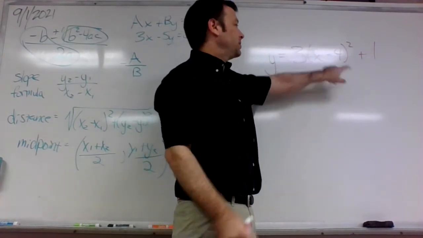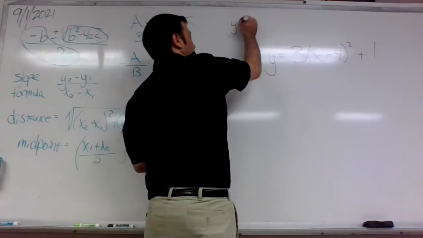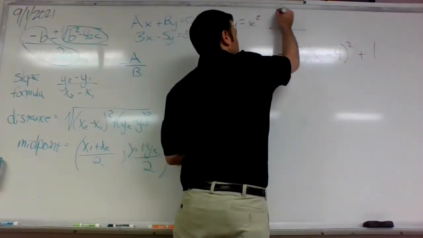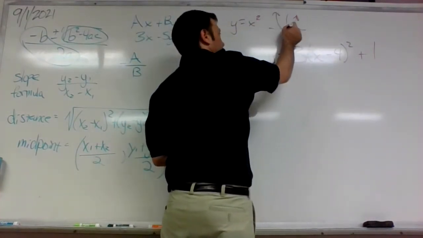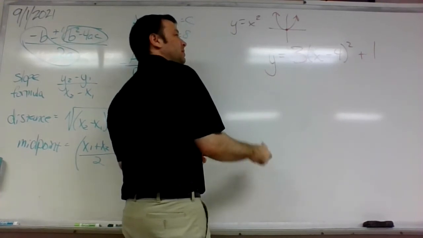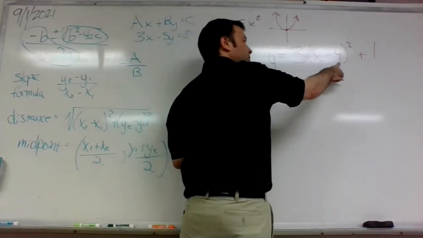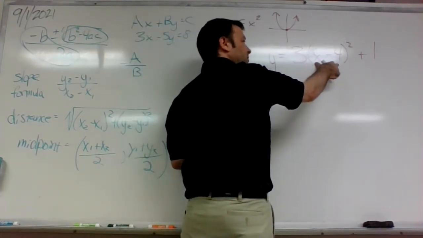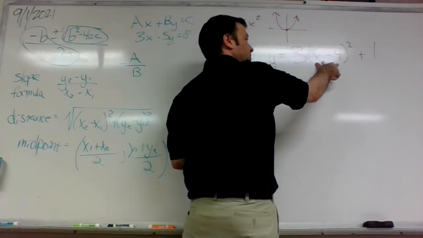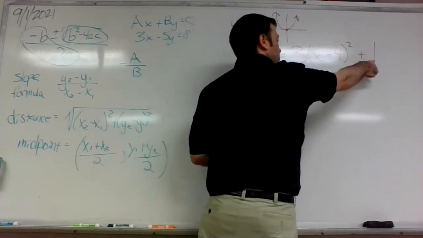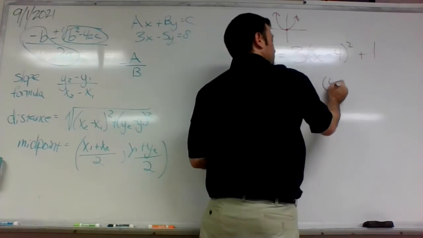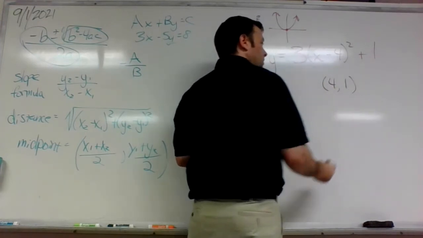A normal y equals x squared graph looks like this, right? And the vertex is at 0, 0. What does this minus 4 do to a graph? This moves the graph right 4, and the plus 1 makes it go up 1. So the vertex for this graph is at 4, 1.